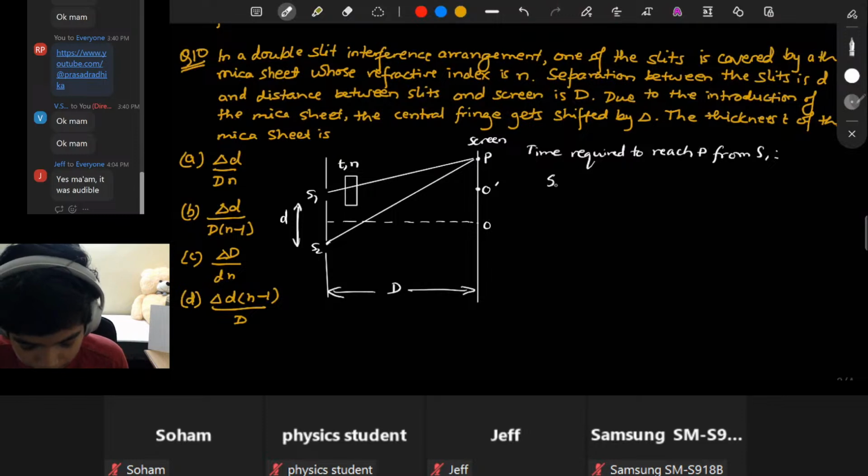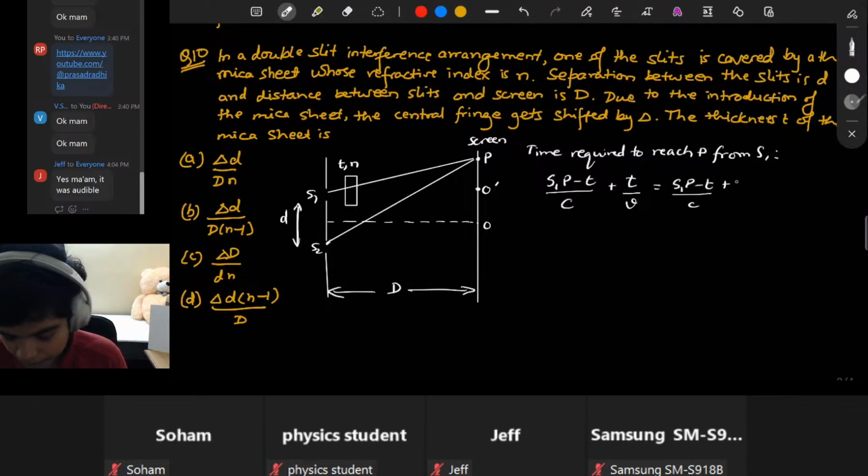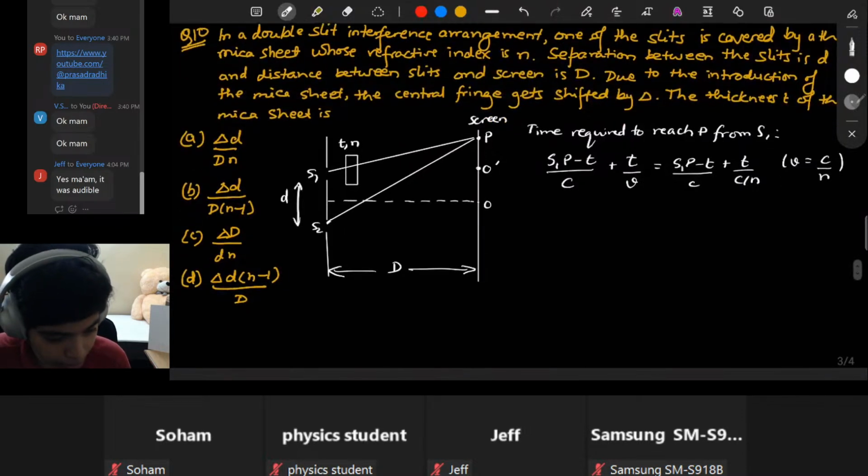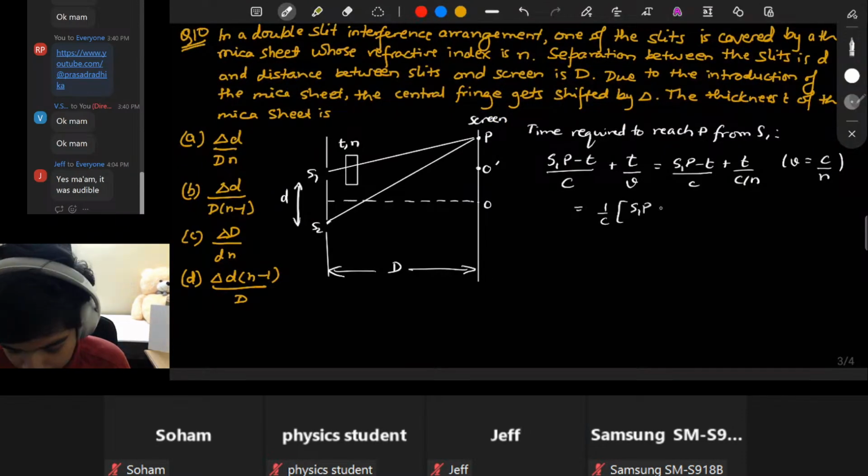So the ray travels S1P minus t in free space with velocity c, and it travels the distance t, which is the thickness, with the speed v. So this gives us (S1P minus t) over c plus t over c by n. Why? Because the speed of light in a medium is c divided by the refractive index. So this is equal to 1 over c times (S1P plus (n minus 1) t).